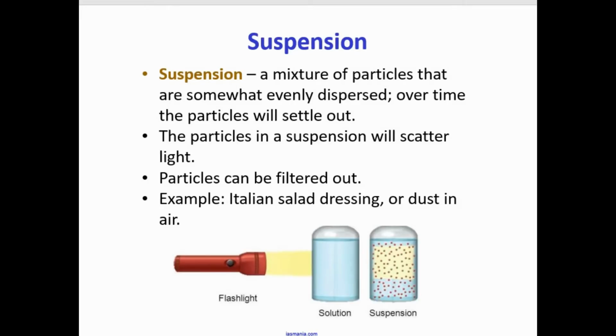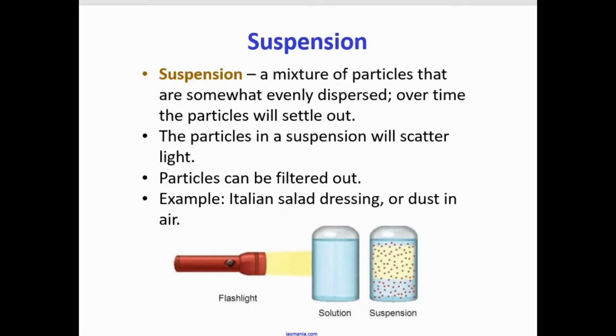The next type of mixture would be a suspension. A suspension is a mixture of particles that are somewhat evenly dispersed, but over time they will settle out. Think of your Italian dressing. Another interesting feature of a suspension is that it scatters light.